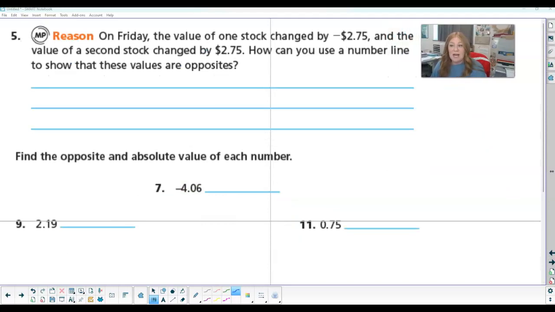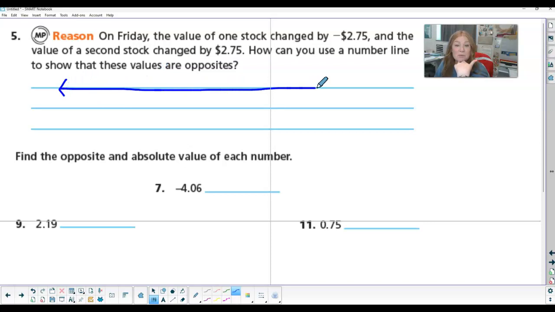Hey, number 5 says on Friday, the value of the stock changed by negative $2.75. So it went down. And the value of the second stock changed by $2.75. So it went up. How could you use a number line to show that these are opposites? So I'm just going to go ahead and draw a number line here.